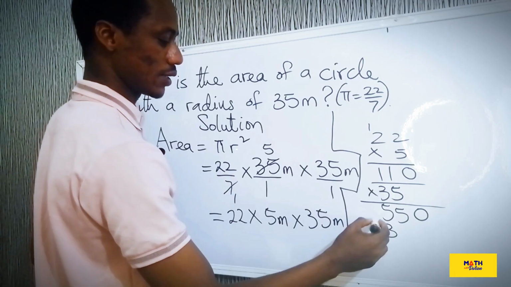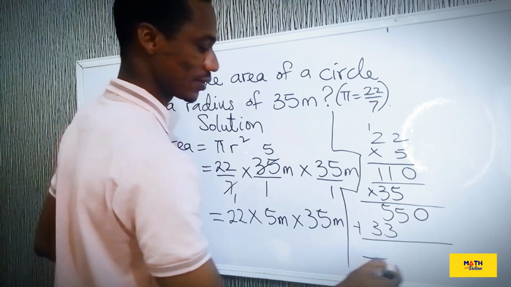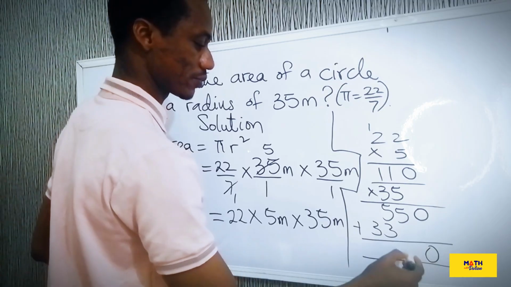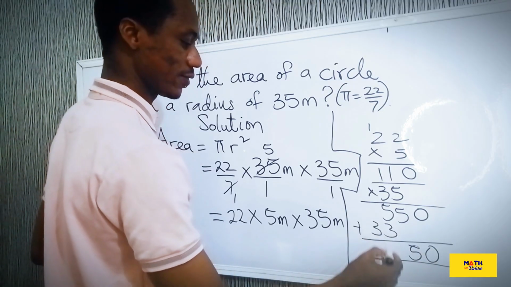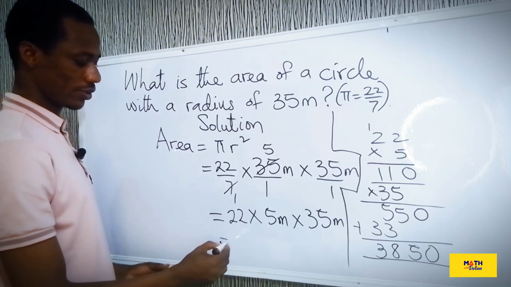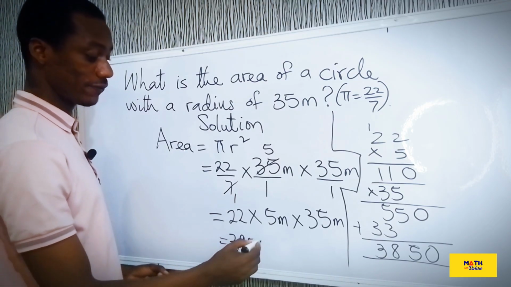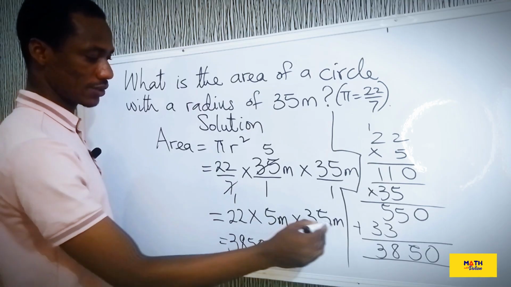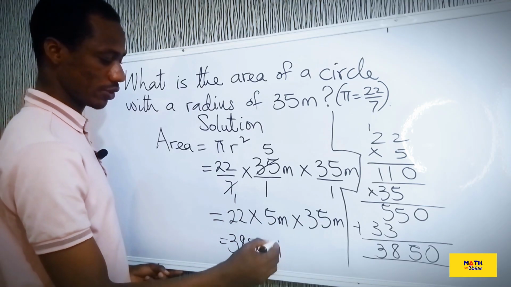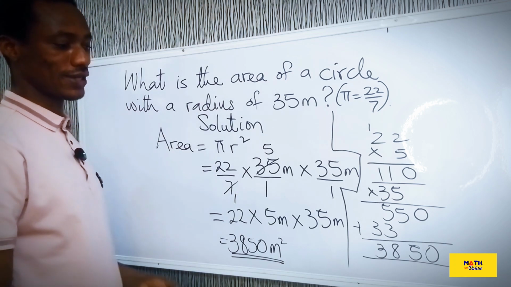Then I'm going to add that together. So I have 0, 5, 8, and 3. So the answer would be 3,850 meters times meters will give us meters squared. And that will be our final answer.